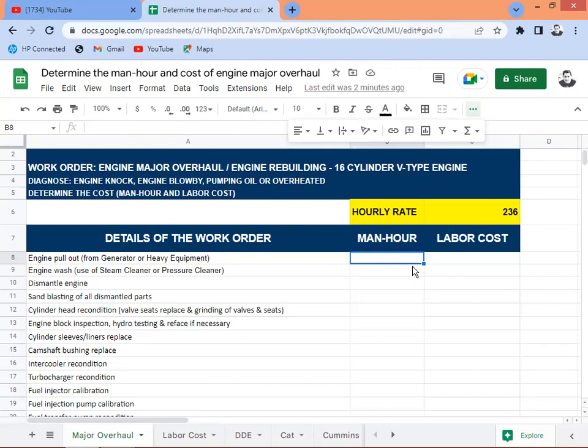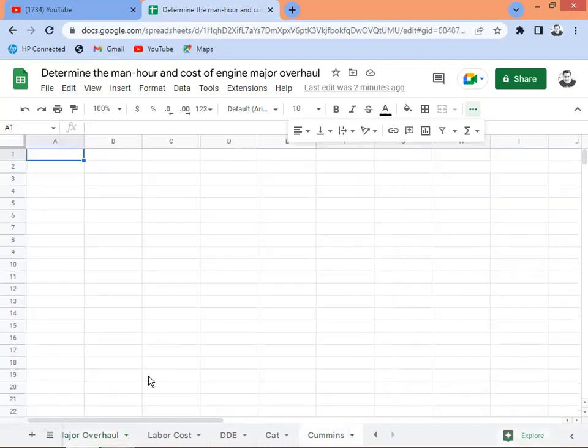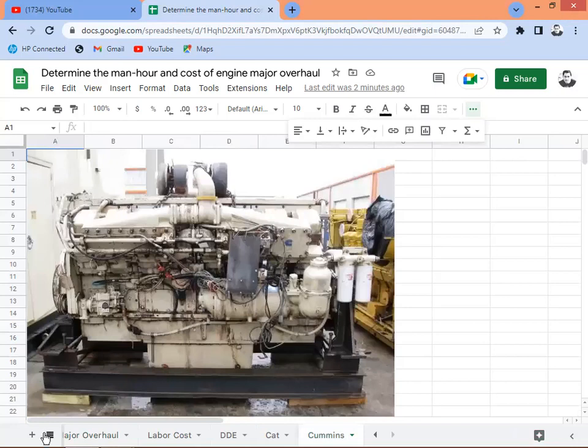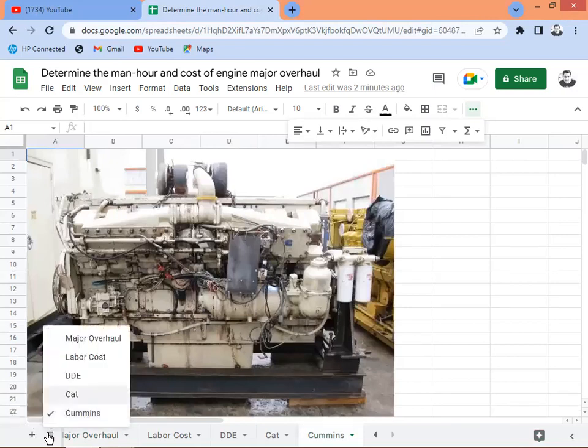So let's just say the engine pull out. Remember, this is huge equipment. This is not like a four-cylinder, six-cylinder, or even a V8. This is a V16, just like what I showed you before. See the Cummins engine. See the Caterpillar.